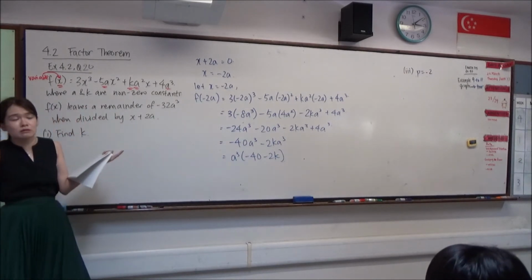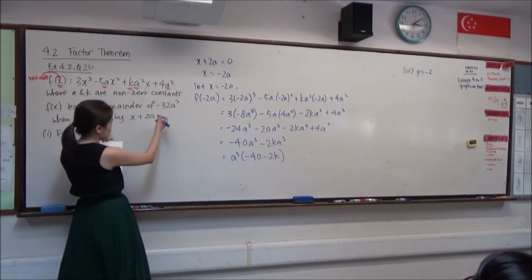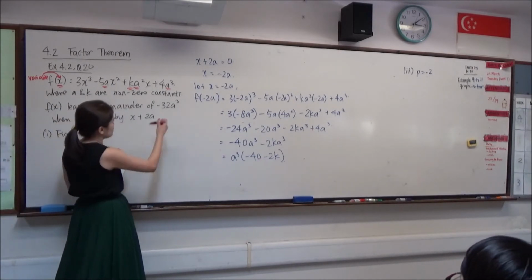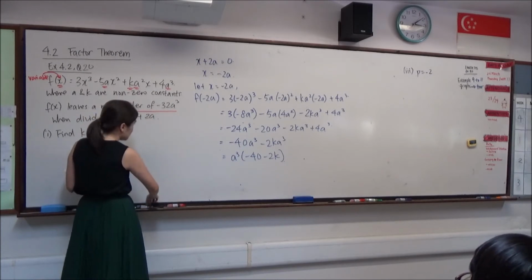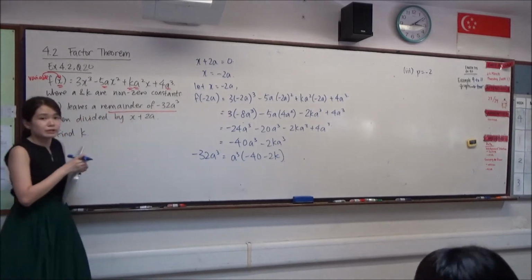Or you can factorize out the negative 2, which is also fine. But the reason why I do this is because the remainder is negative 32a cubed. So therefore, I will get this here.